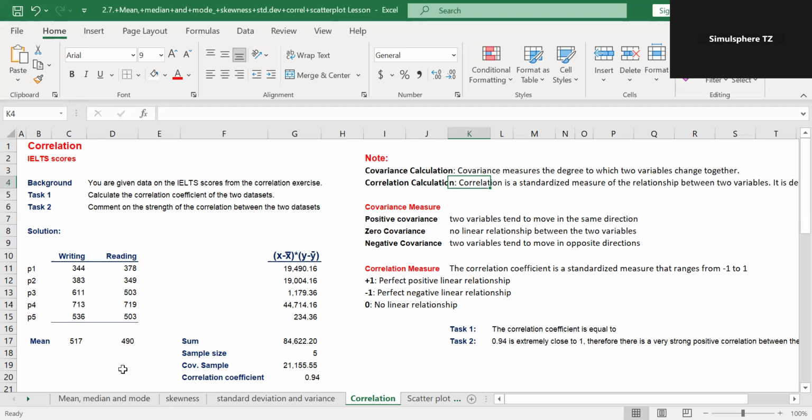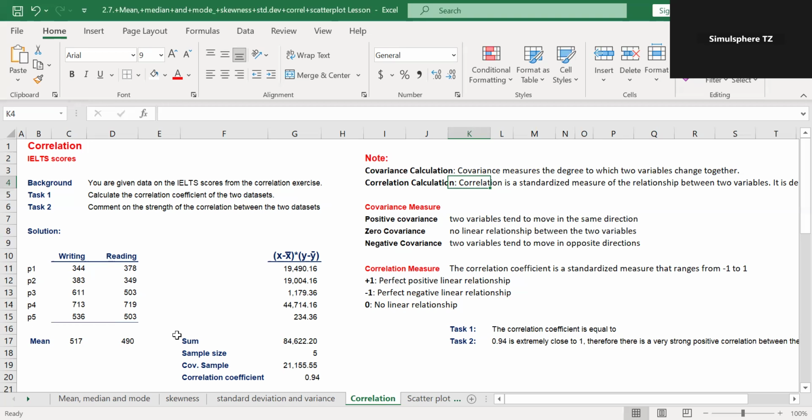For a positive linear relationship, it simply means that the writing and the reading scores are either going high or going low together. Students are scoring high in writing and also scoring high in reading. If your correlation measure is 0, it means there's no linear relationship between the two values.